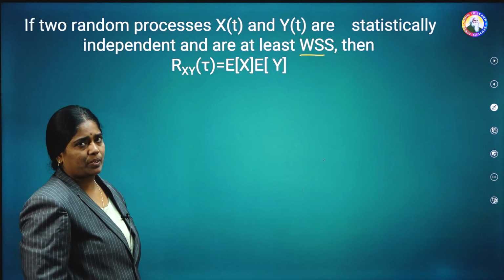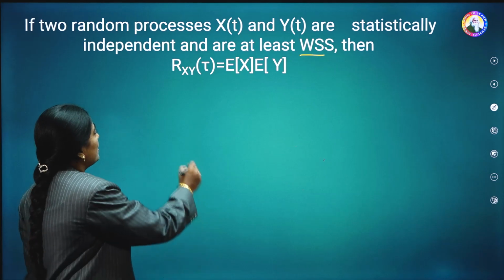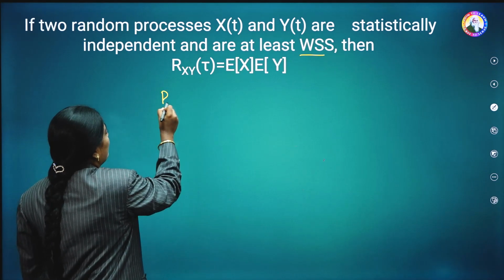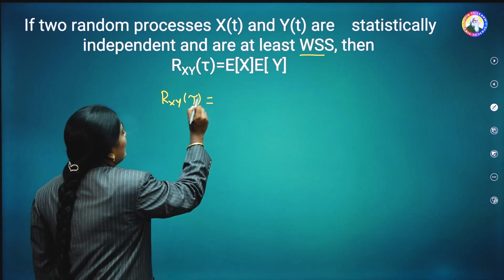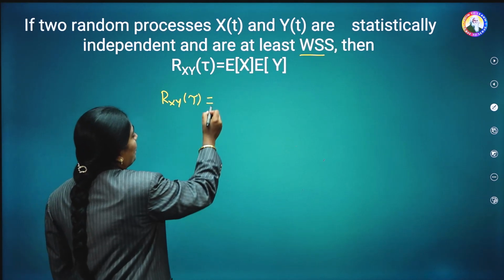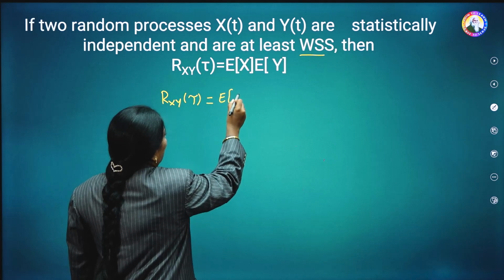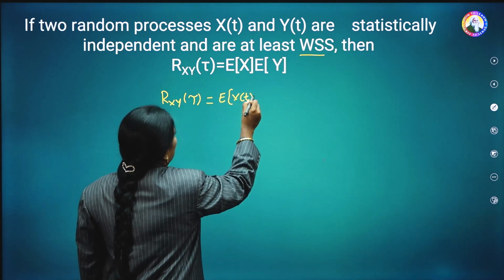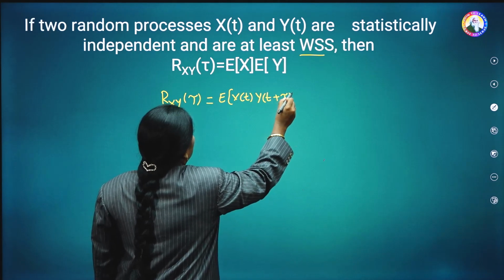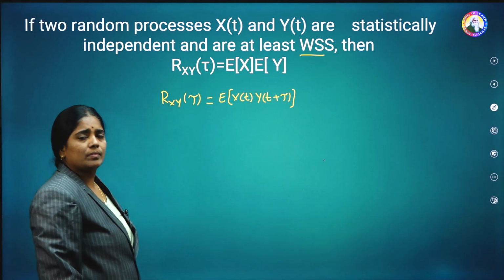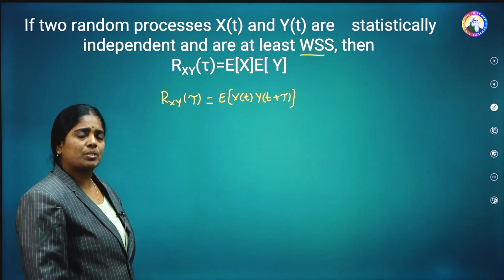Now, we will prove this property. Let us define the cross correlation function of x of t and y of t given as R xy of tau is equal to E of x of t into y of t plus tau. This is the basic definition of cross correlation function.